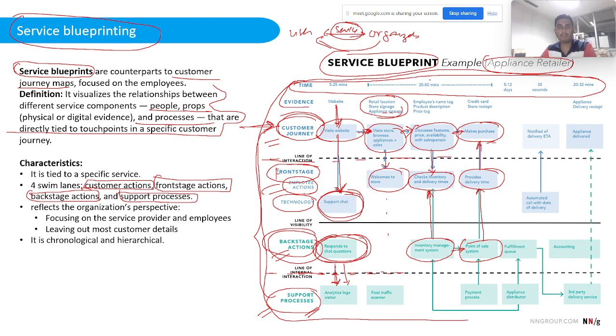Okay. This can also be used for mapping customer journeys, as well as mapping the use cases of any mobile application or any sort of UX solution.